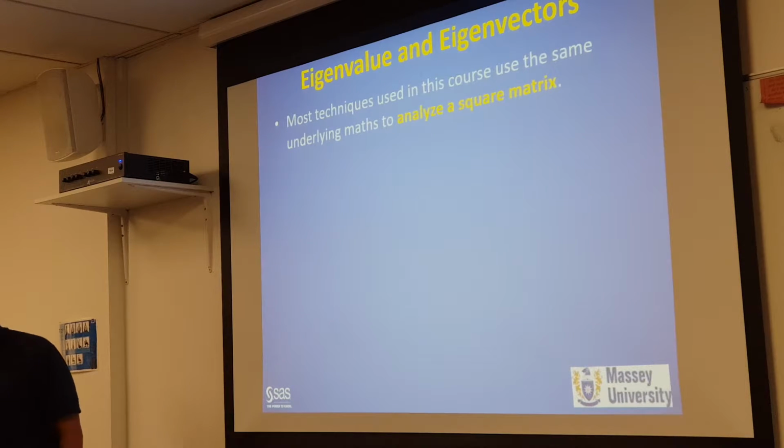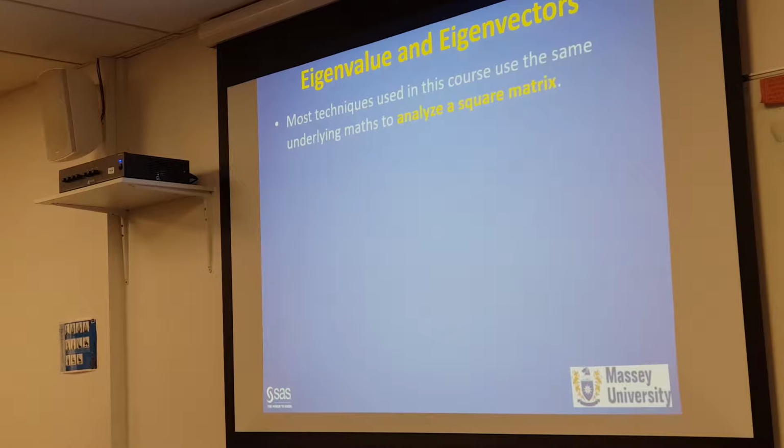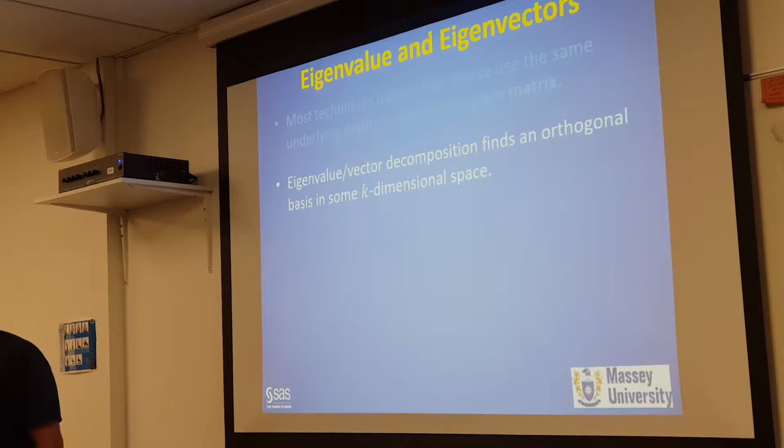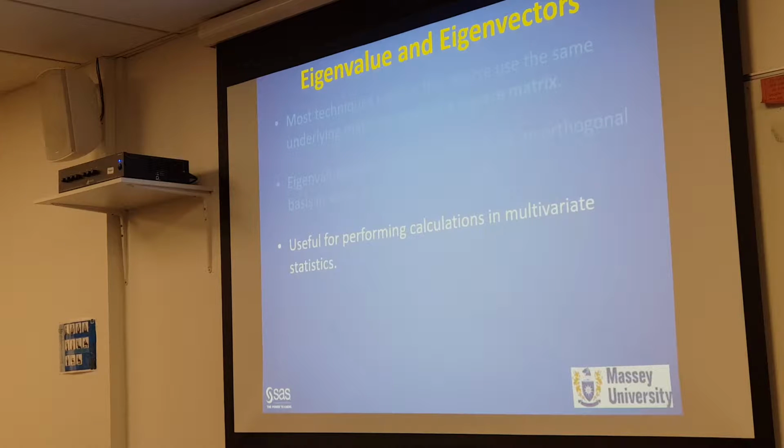All right, so where are we? We have basically used mathematics to analyze a square matrix, right? The eigenvalue decomposition finds, what have we done? We've found an orthogonal basis in our p-dimensional space. I normally talk about p-dimensional space, I don't know why I threw a k in there.